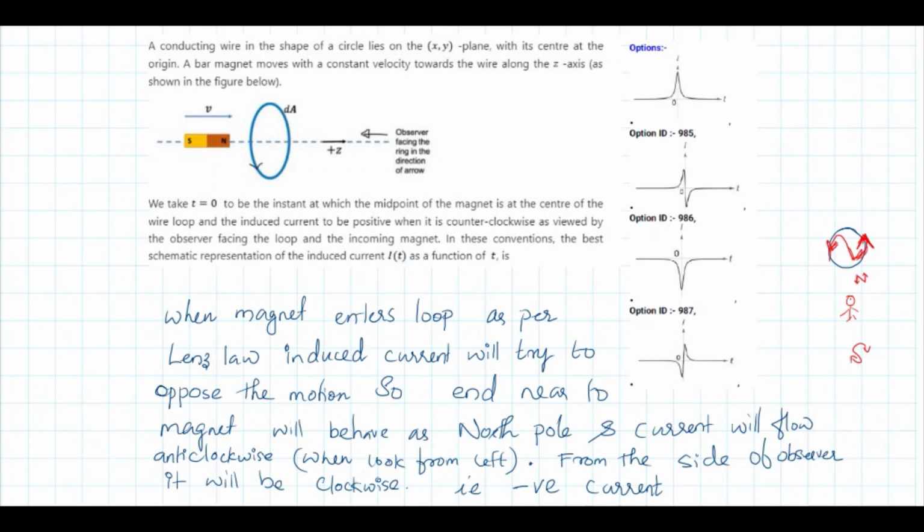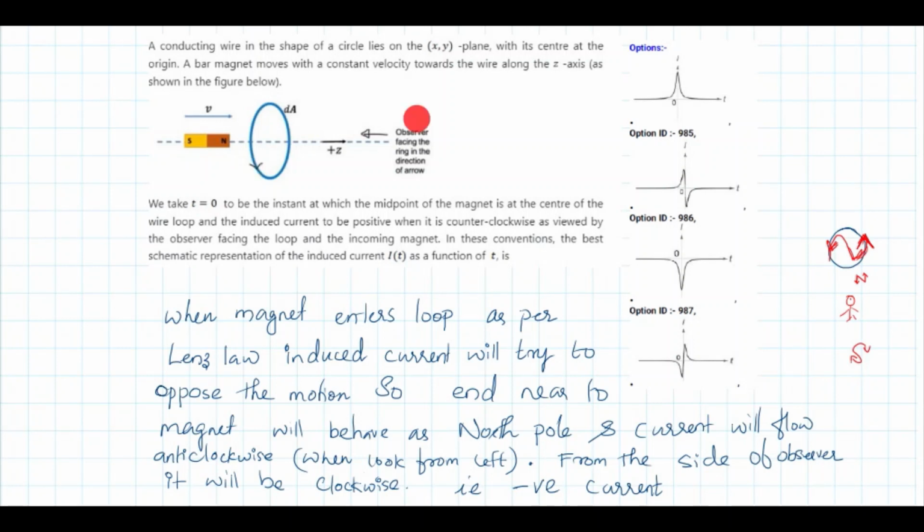When this magnet approaches the loop, the north side approaches the loop, so this loop will try to oppose that motion. So the nearby face of this loop will have to act like a north pole. So if you look from this side, the current should flow anti-clockwise. That means for an observer on the side of the magnet, the current on this loop will be flowing in the anti-clockwise direction.